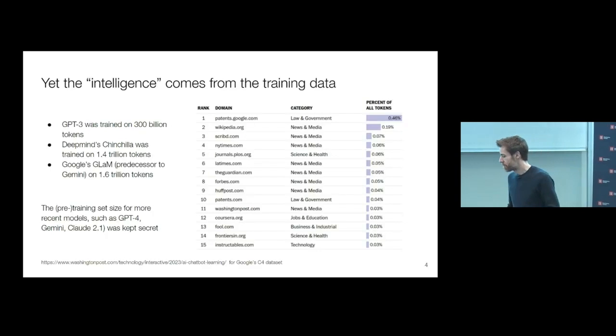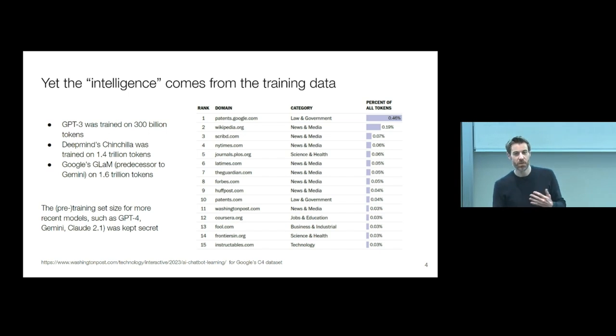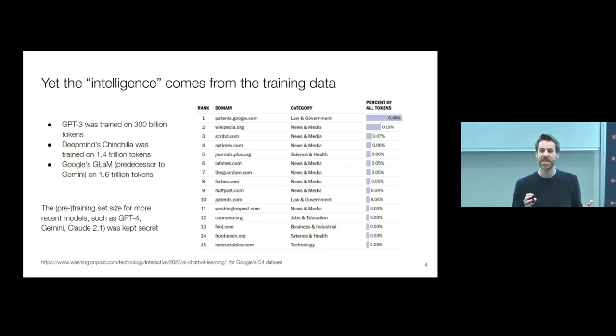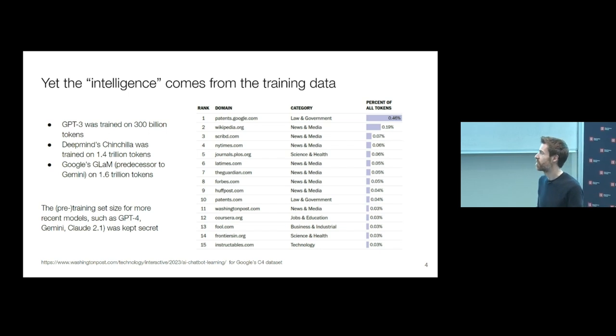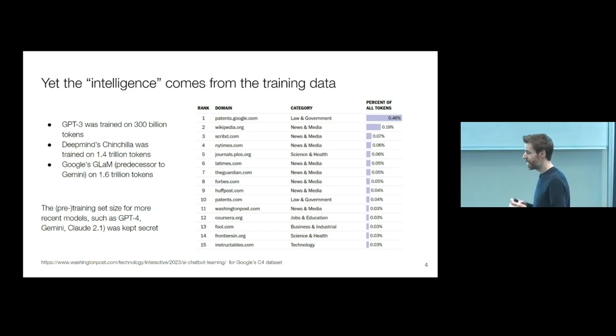However, every time we talk about reasoning and intelligence, and try to anthropomorphize those models and project human capabilities onto them, it's all too easy to forget where the actual intelligence comes from. And like every machine learning model before, the intelligence comes from the data.